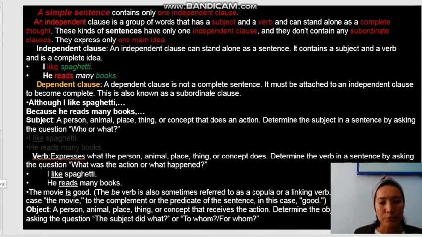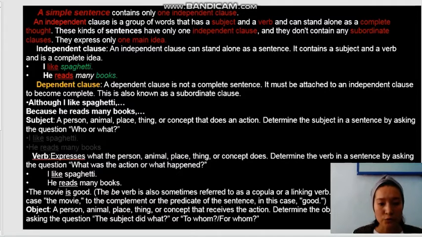Subject: a person, animal, place, thing or concept that does an action. Determine the subject in a sentence by asking the question who or what. Who or what do I like? So I like spaghetti. And what does he like to do?